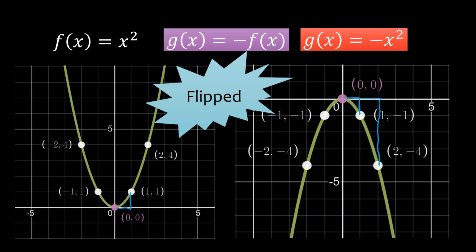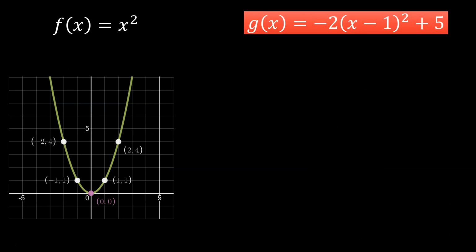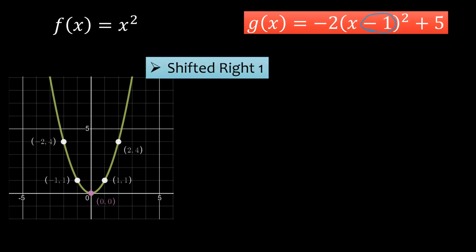Let's put this together. Your new function, g of x, is negative 2 times (x minus 1) squared plus 5. Previously, we know inside is going to shift the x value, and inside we do the opposite, so we shift to the right 1.